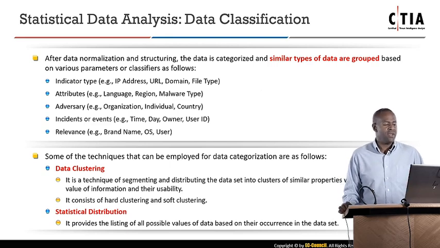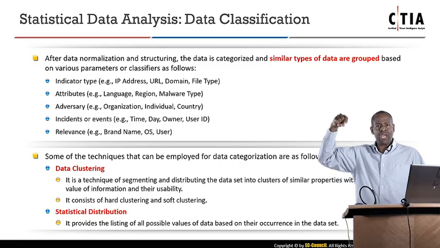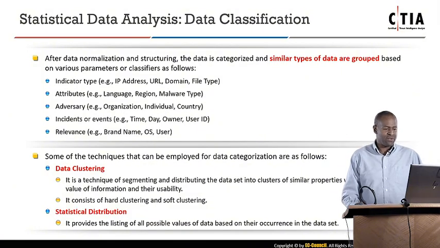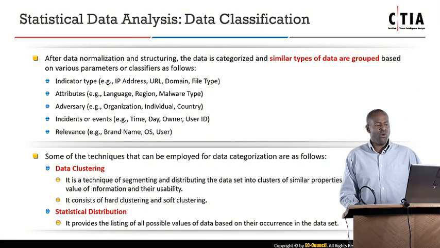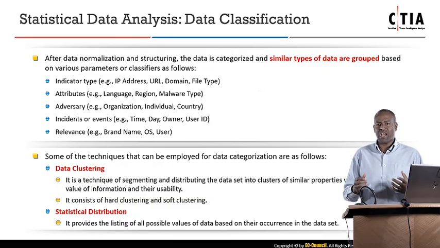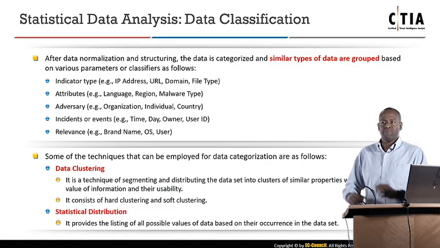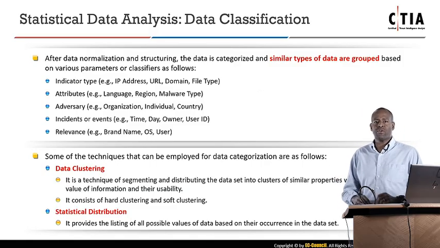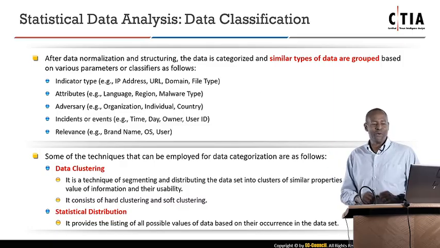Like for instance, if we look at indicator type of a specific IP address, and let's say it's an IP address that comes from a range that comes from a known threat actor. We have attributes: it comes from a region for that actor. We look at adversary. We say, all right, well, that comes from the Underground Hacker Association of Greater North Korea, or something like that. So we know that this is an active group.